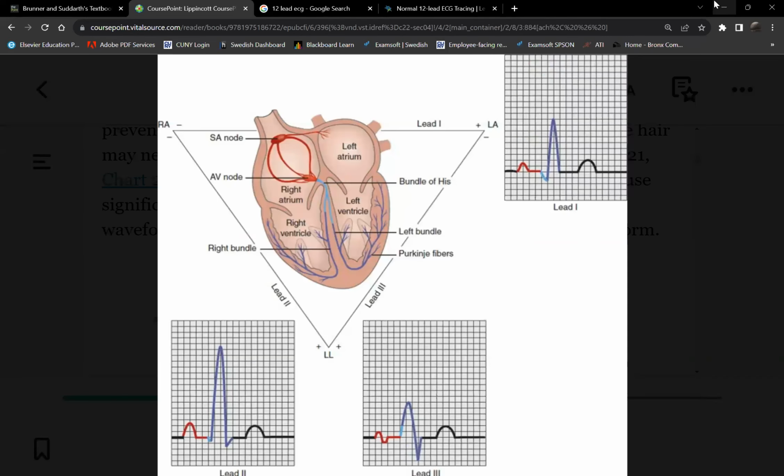All right. So here we have SA node fired. What appeared on the ECG? P wave. So you saw the P wave when the SA node fired the electrical impulse. The P wave appeared, correct? And the PR interval allowed a delay, correct? The AV node, yes, it received the impulse from the SA node instantaneously, but did it transmit it?